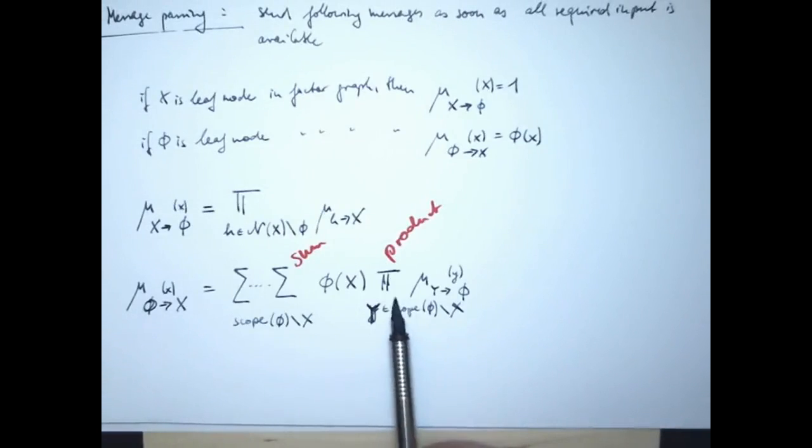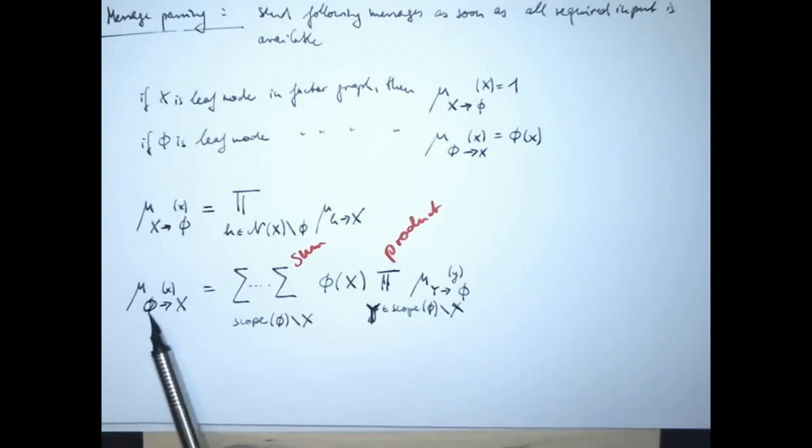So here the factor phi tells the variable x how it feels about capital X taking on this value small x, given all the information that this factor phi has.